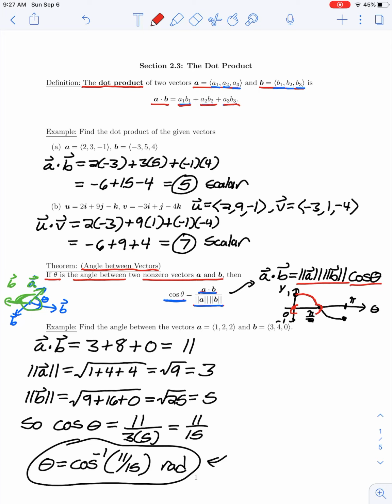Now, if cosine of theta is positive, let's look at our formula here. So cosine of theta is given by the dot product divided by the product of the magnitudes. So we know that the magnitudes, or the lengths of these two vectors, have to be positive. So the sign of cosine of theta is just determined by the dot product.